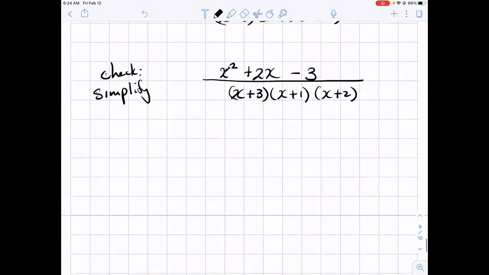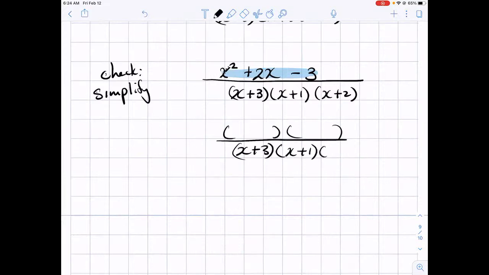So the numerator is quadratic, so that can be factored. The denominator stays the same. But if you factor that numerator, you will get x plus 3 times x minus 1.